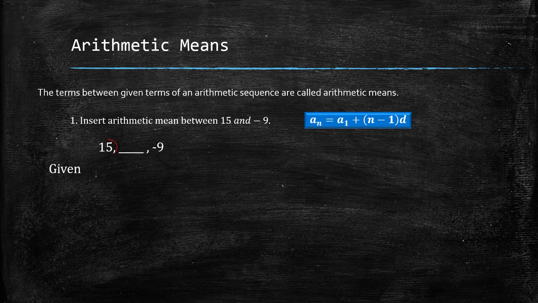What is given? 15. That is the first term, a sub 1. And negative 9 is the last term, or the third term. Normally, when it is at the end, it is the last term. Since we can count, negative 9 is the third term.